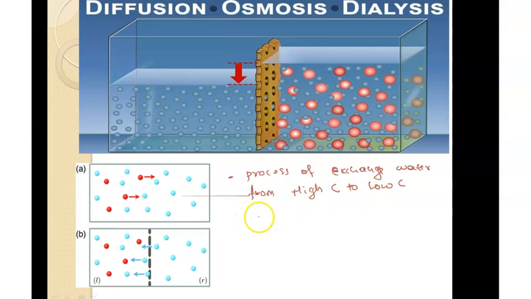This exchange should happen through a semi-permeable membrane or selectively permeable membrane. Both the names are same. Selectively permeable membrane and semi-permeable membrane, both are same words. Don't worry about this. Through semi-permeable membrane.